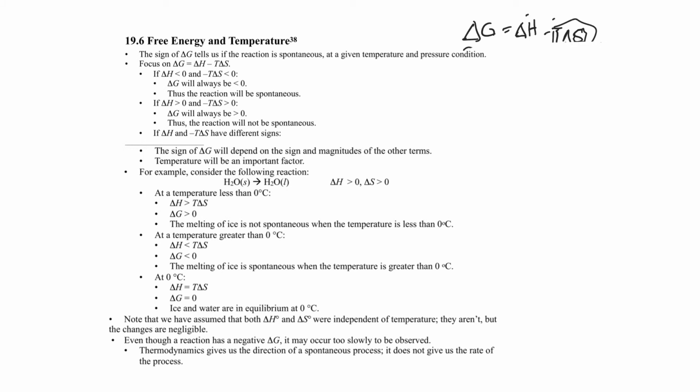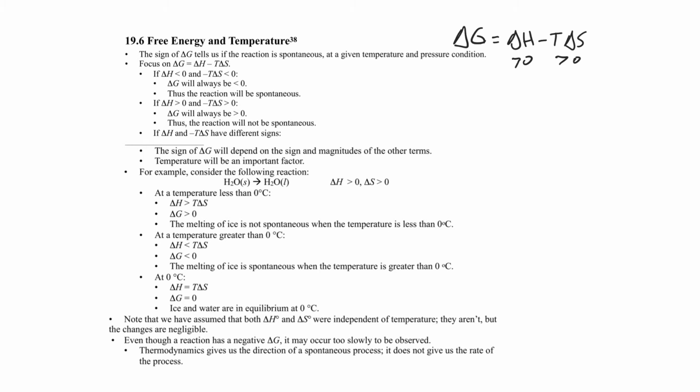So let's look at another one. Let's write this again. Delta G equals delta H minus T delta S. Okay, Gibbs free energy. Let's look at the other possibility. Let's say that this one is above zero, and that negative T delta S is also above zero, which means that S is actually negative.